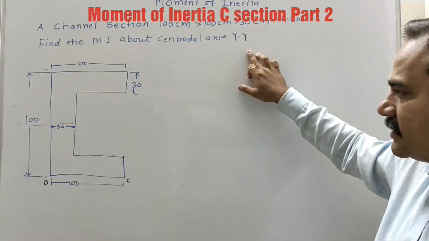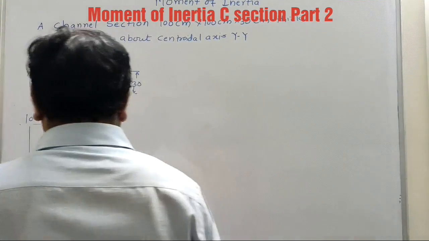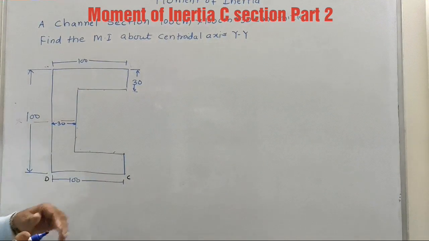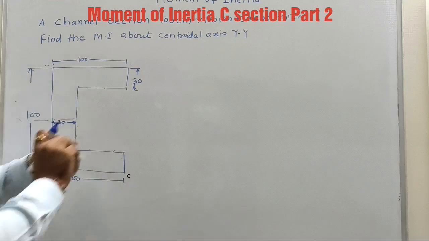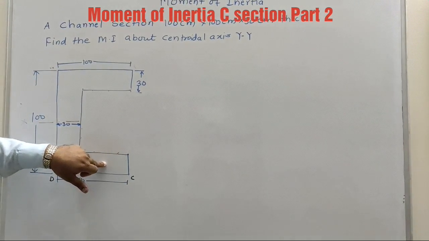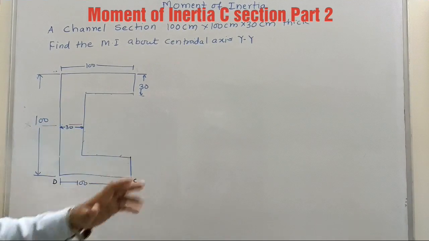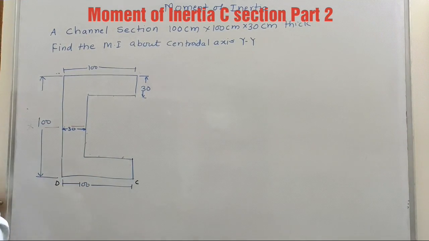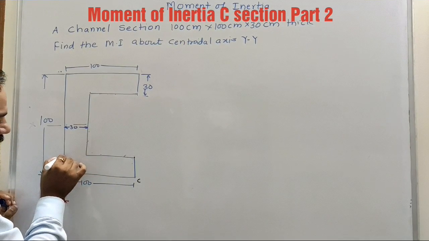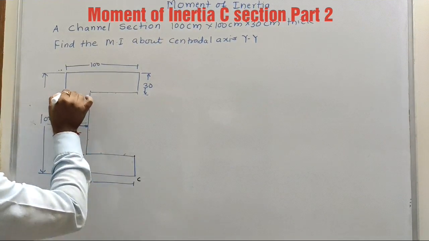But about the y-axis, we have to consider the parallel axis theorem, and for the parallel axis theorem we will require the moment of inertia of each rectangle from the y-axis. So our first step is to divide this C channel into three parts, three rectangles.